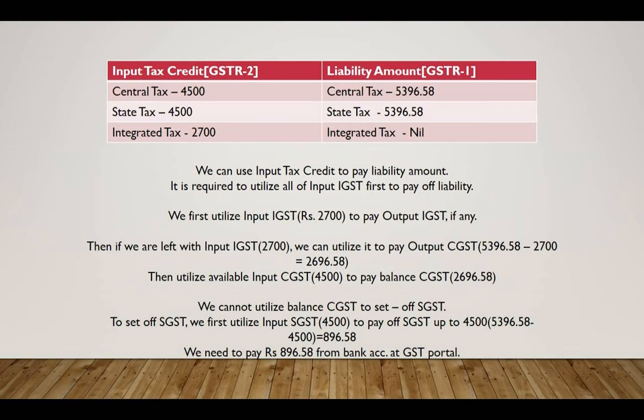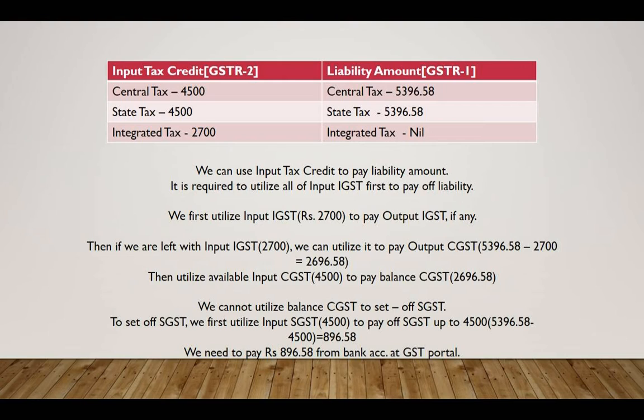We have input IGST of rupees 2,700, which will first be utilized to set off output IGST. Right now we are not liable to pay any output IGST, so this input IGST would be utilized to set off central tax amount. Now we will set off liability CGST to the extent of available input IGST of rupees 2,700.